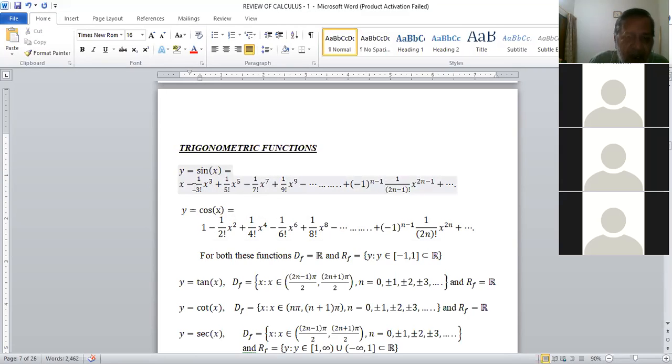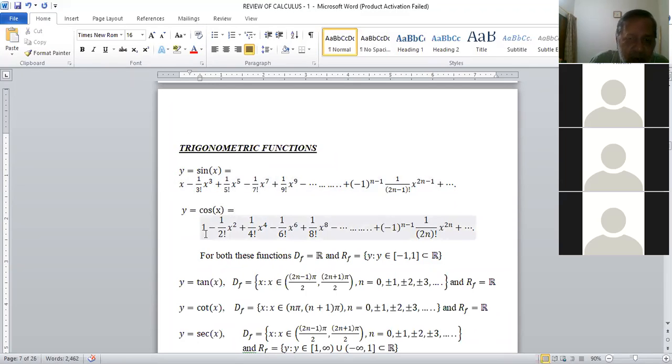And the coefficients are of the form 1 upon n factorial with plus minus signs. Same is the case with cos x, that its expansion has plus minus signs. The coefficients are of the form 1 upon factorial of even numbers. Here it is factorials of odd numbers.